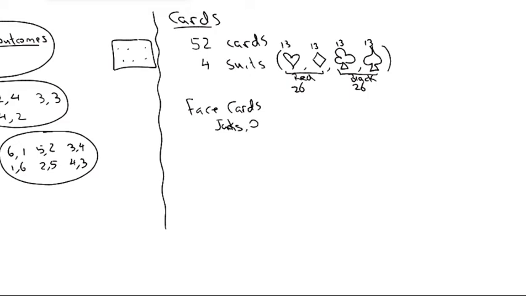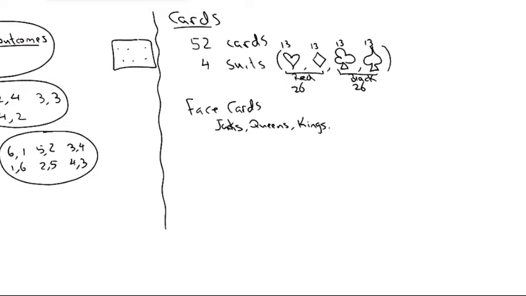Jacks, queens, and kings. There are 4 jacks, 4 queens, and 4 kings because you have hearts, diamonds, clubs, spades of each. If you're not a jack, a queen, or a king, you're either a number card, 2 through 10, or you're an ace.